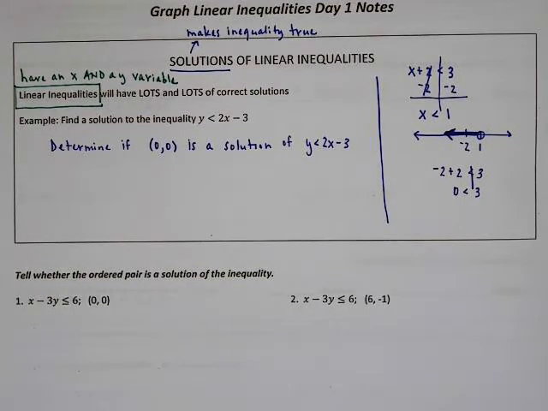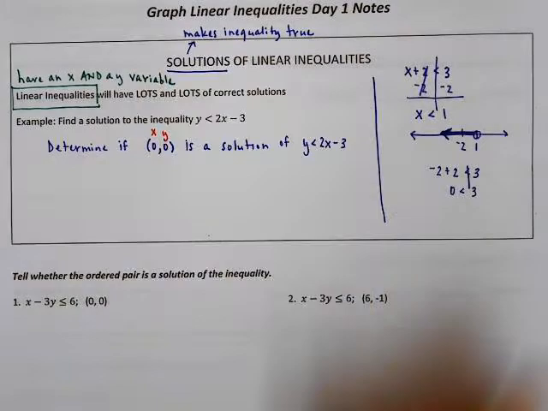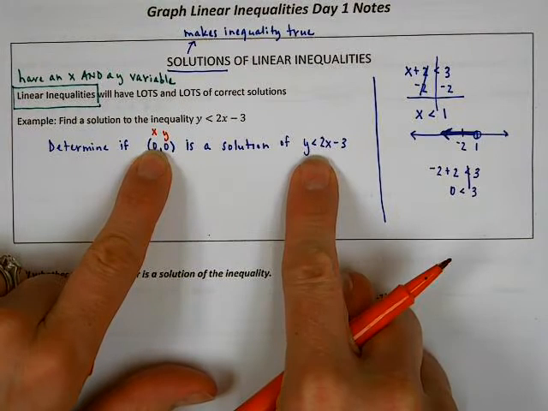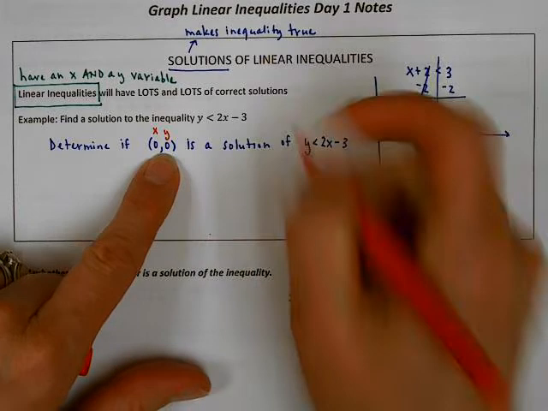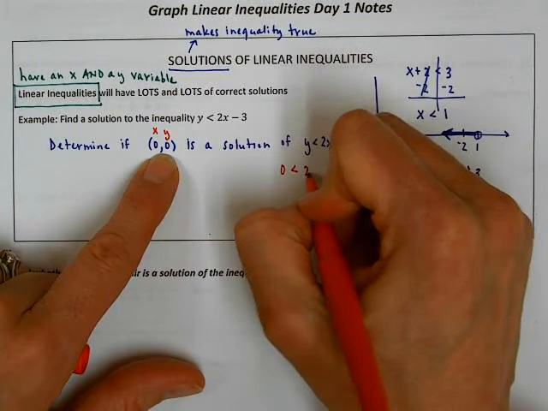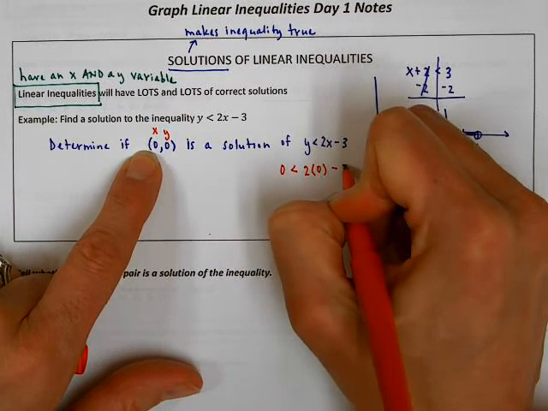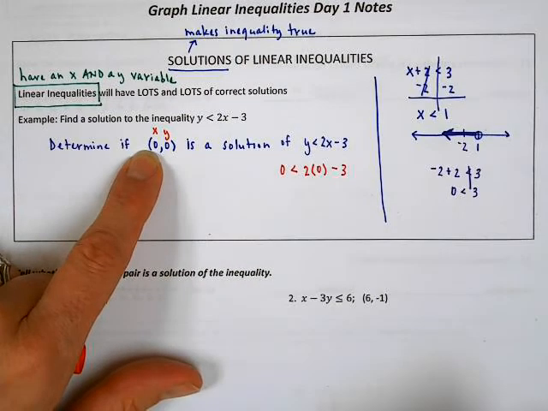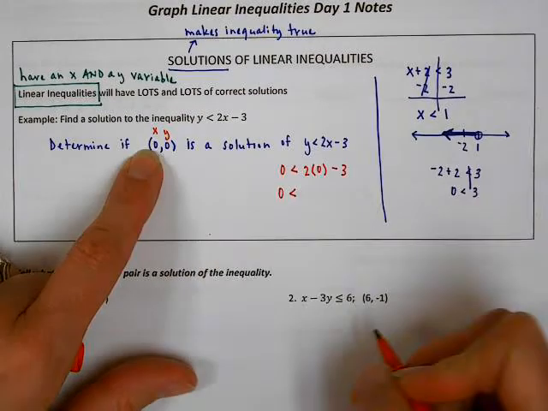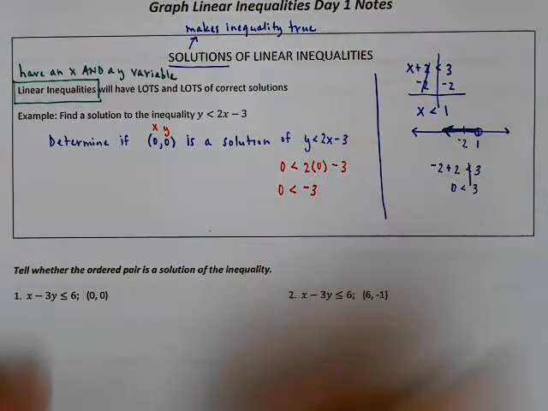So here's what we're going to do. I know this ordered pair represents x and y, so I'm going to plug those values in for x and y. My y is 0, I have less than 2 times, my x is also 0, and then I have minus 3. If I simplify this, I have 0 on the left side. 2 times 0 is 0, minus 3 is negative 3.